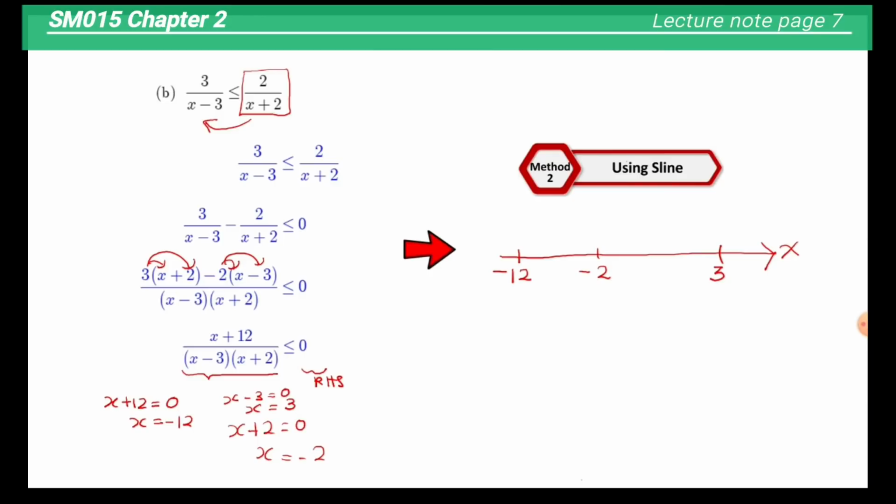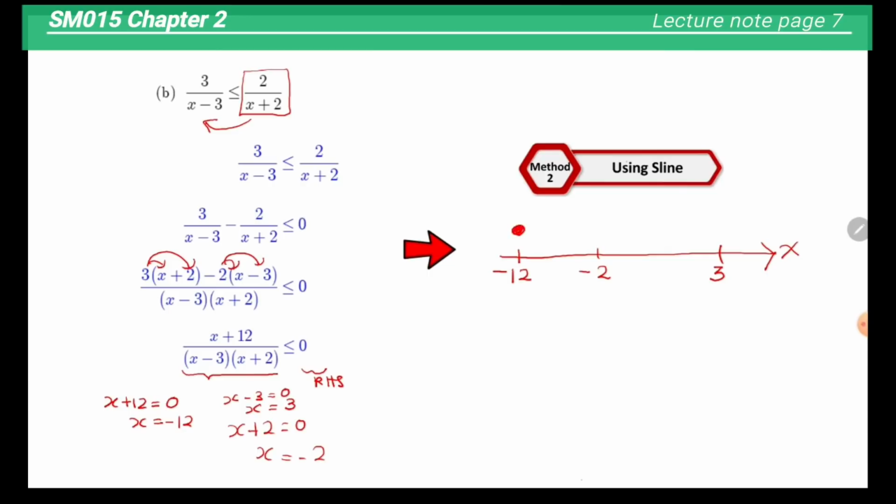Next step is you need to identify which one is a closed critical number or an open critical number. I want to check our critical numbers here. For x + 12, it is in our numerator, and since the sign for our single expression here is less than or equal to, it means that it will be closed for x = -12.